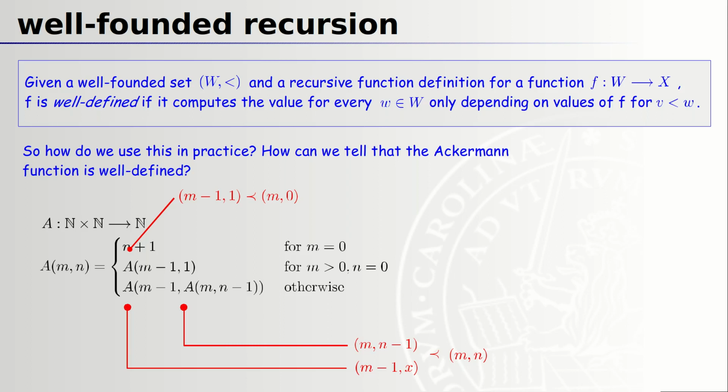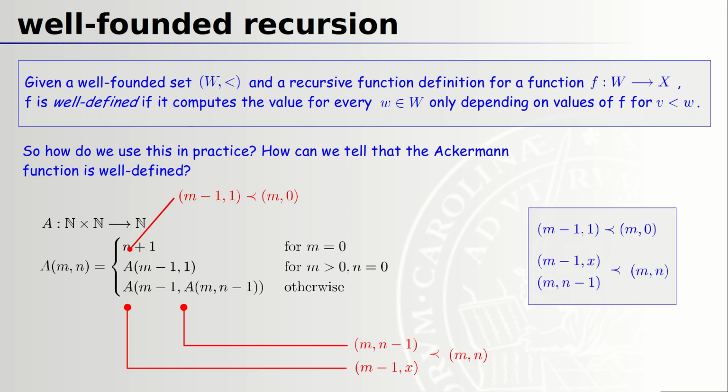At this point we don't know what that might be, so we just call it x and make no assumption about its value. These two calls give us more inequalities that must hold in our order. So all in all we end up with three inequalities that describe what the Ackermann function does to its parameters as it performs its recursion.